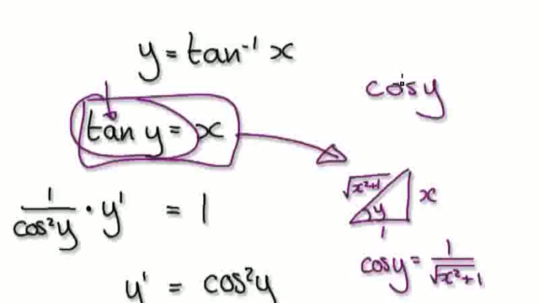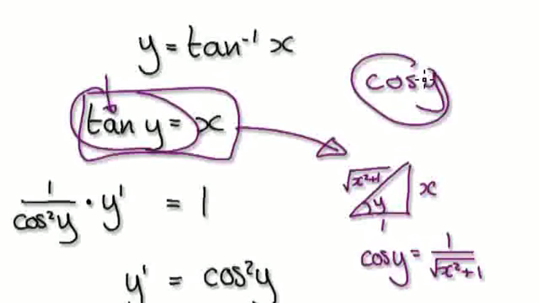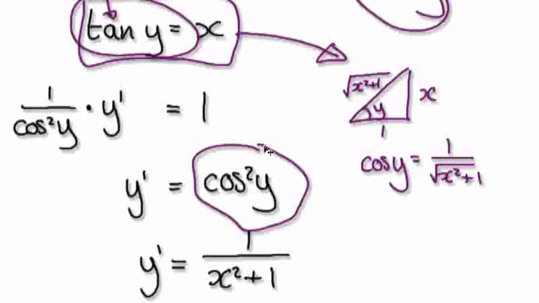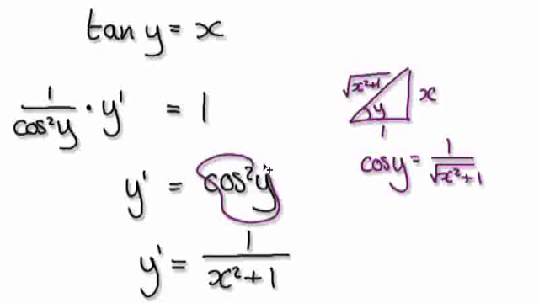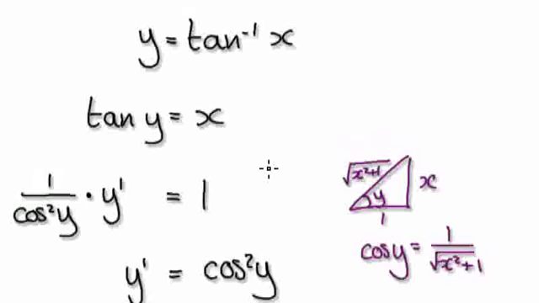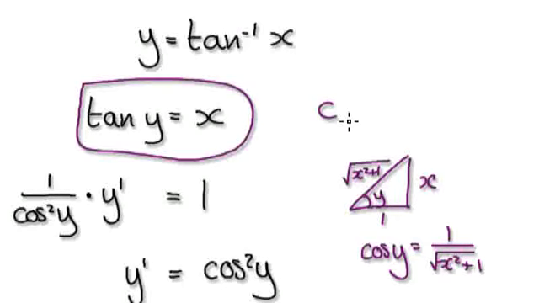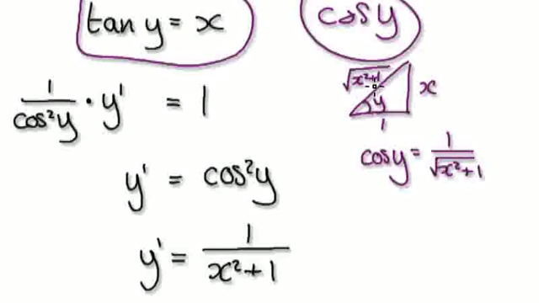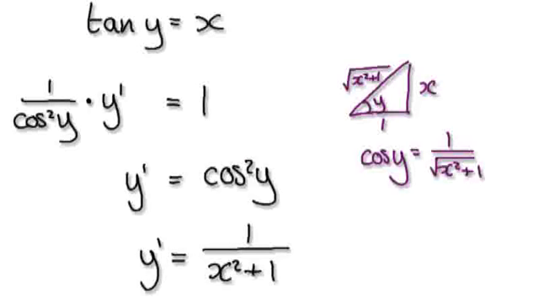Our answer was y prime equals cos squared of y, but we don't really understand what that means, so we translated it into this, and from here we can easily put this in. Well, I hope you understand it.